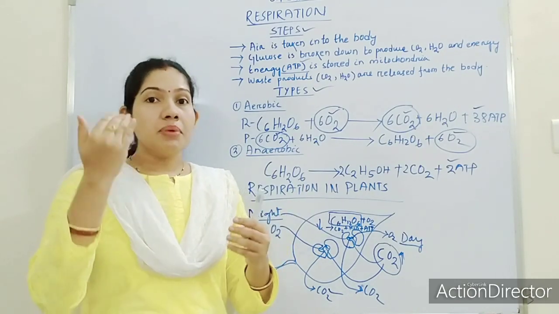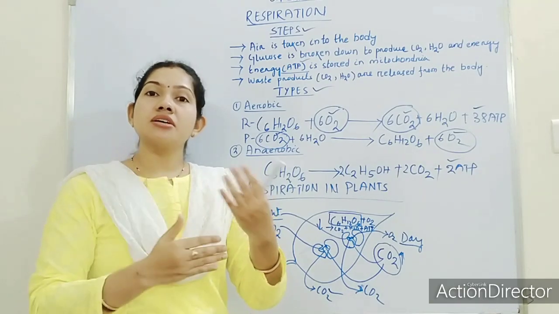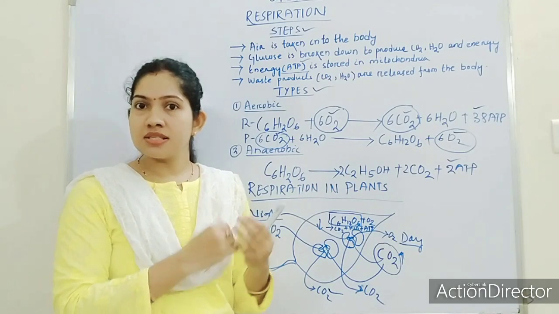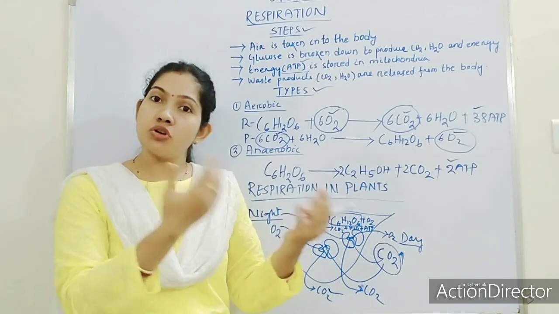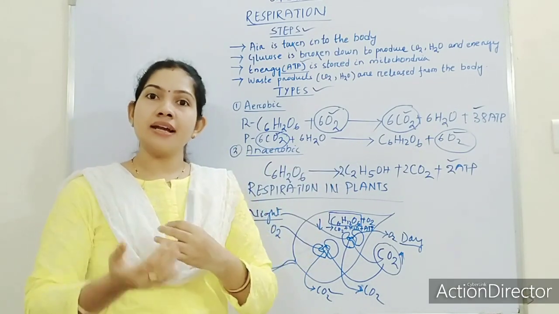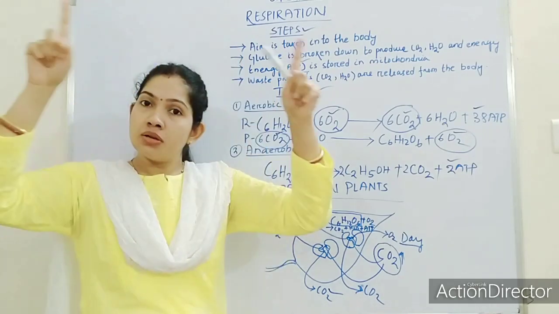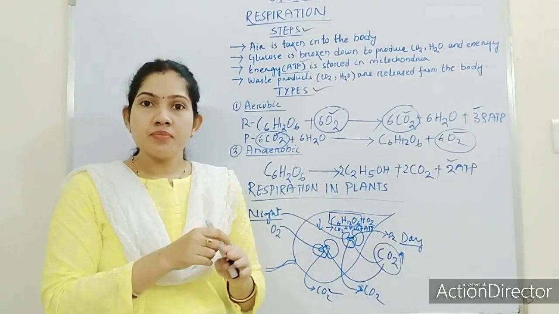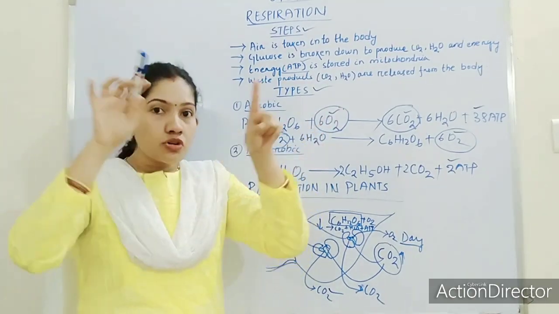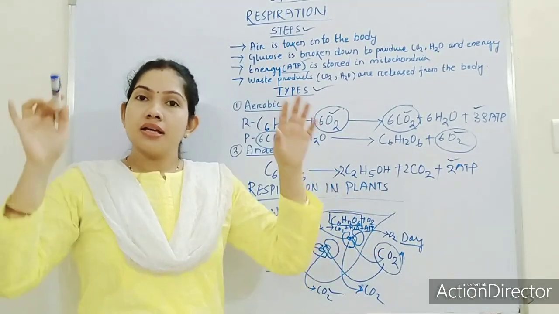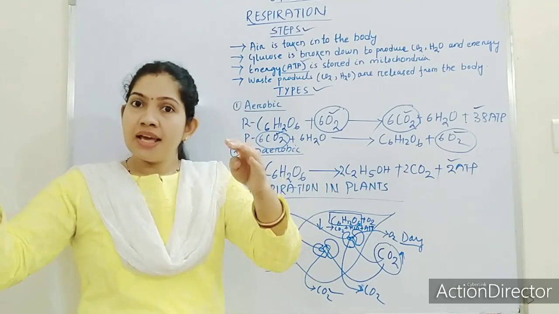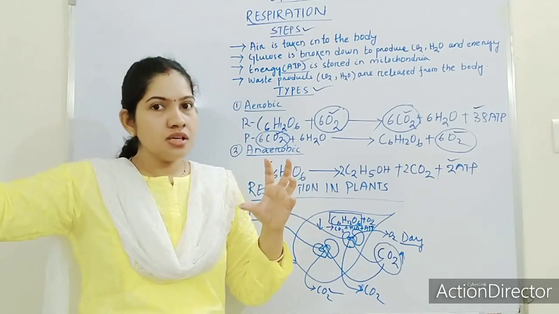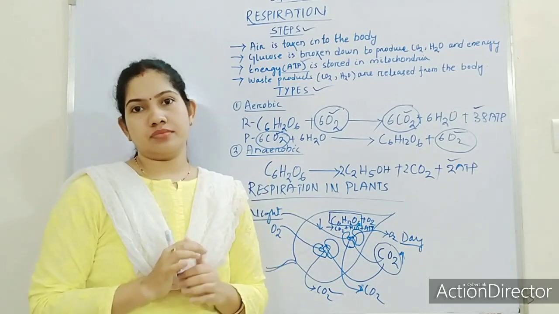But all that carbon dioxide will be taken by the plants during daytime to undergo photosynthesis, and they will release oxygen to the atmosphere, so that gradually during night there will be more oxygen in the atmosphere as compared to day. So in the outside environment of the plant there is more oxygen and inside there is less oxygen, so oxygen will diffuse inside the plant.